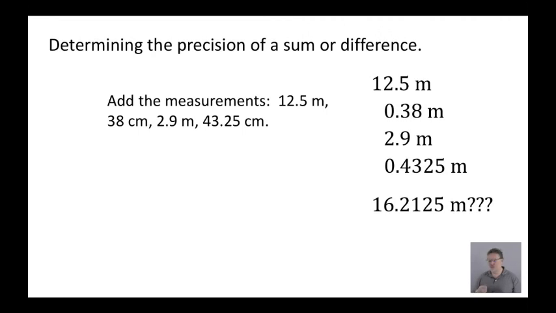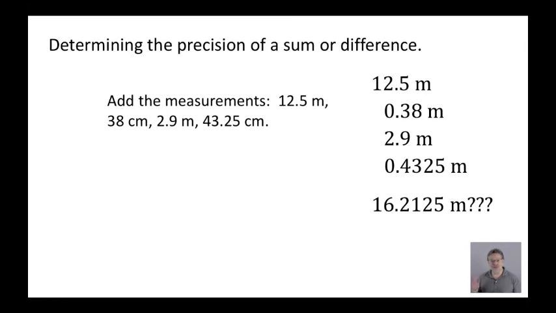The one below it, 0.38 meters, is precise to the nearest hundredth of a meter. The third one down, 2.9 meters, is precise to the nearest tenth of a meter. And the fourth one down is precise to the nearest 10,000th of a meter. Well, the least precise of all those measurements are the 12.5 and the 2.9. They're tied for least precise at 0.1 meters.